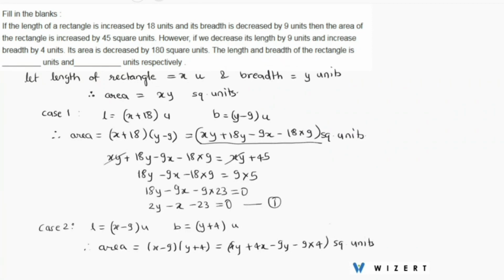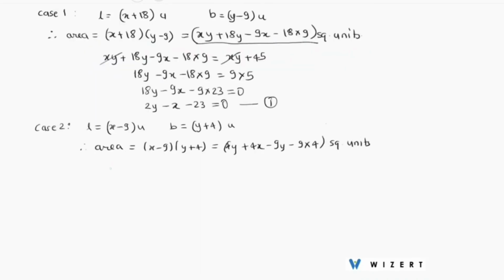Now it is given that by doing this modification, the area is decreased by 180 square units. So we have xy plus 4x minus 9y minus 9 multiplied by 4 equal to xy minus 180. Again we can cancel xy from both sides and write 180 as 9 multiplied by 20. So we get 4x minus 9y minus 9 multiplied by 4 equal to minus 9 multiplied by 20.